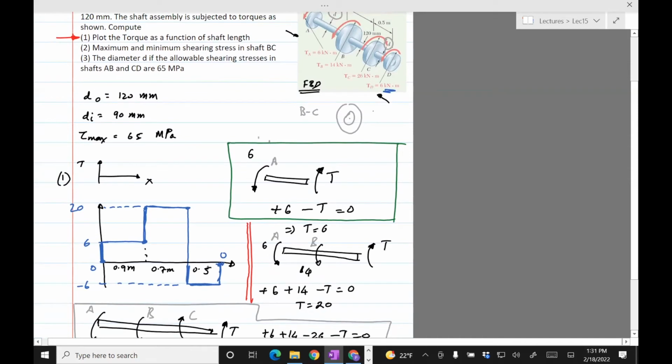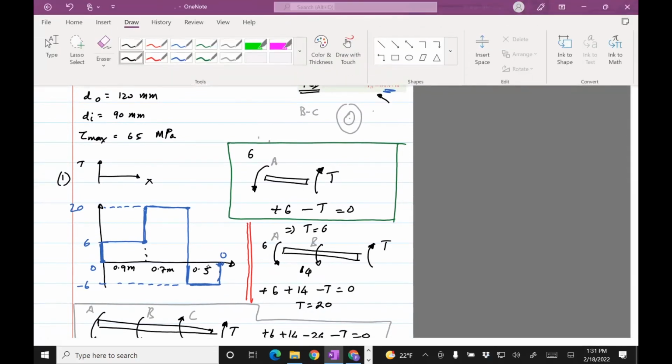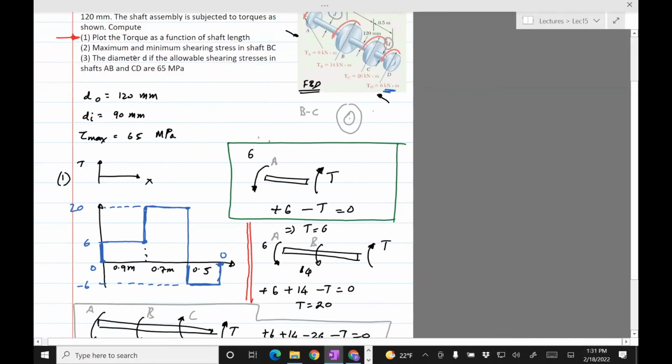Okay, so that's the torque as a function of length. Next, let's solve for the maximum shear stress.